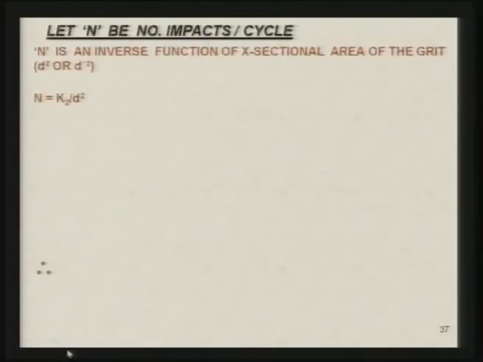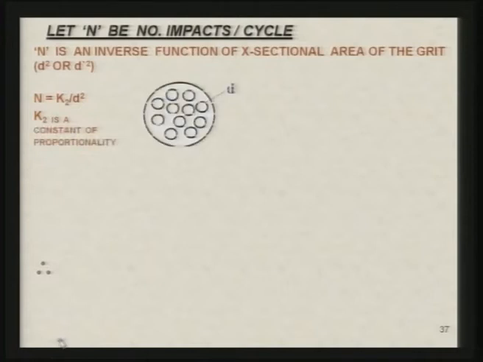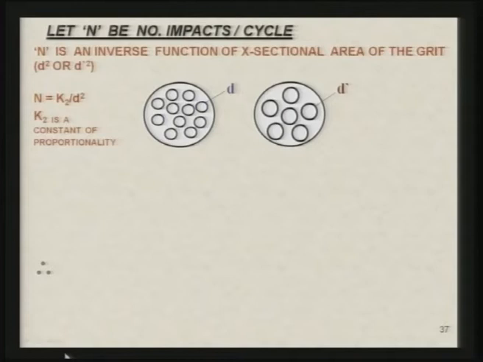Now, let n be the number of impacts per cycle, where n is an inverse function of the cross sectional area of the grit whose diameter is d. Now, let us see here two figures. On the left side there are abrasive particles of the smaller size having diameter d, and on the right side you have the abrasive particles of the larger size.